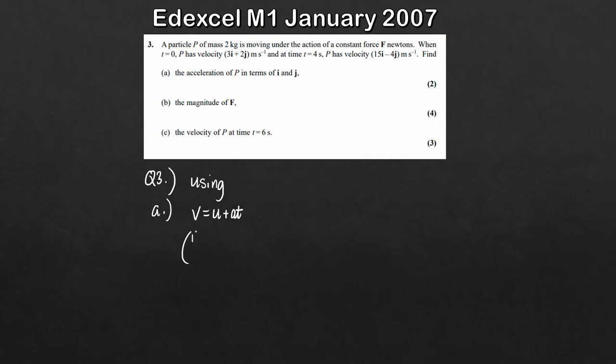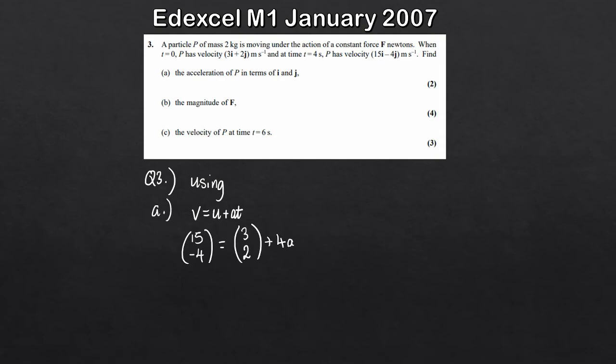So that's (15, -4). This is going to be equal to my initial velocity, which is (3, 2), and we have the time, 4 seconds, but we want to work out what a is. So this is going to be plus 4a. So we don't know what a is just yet.